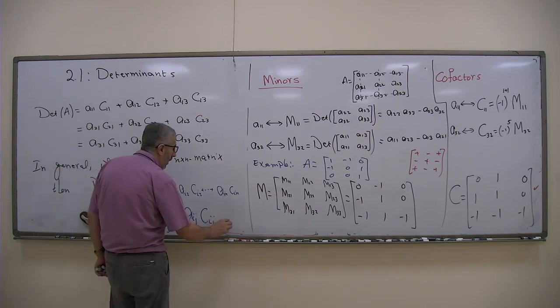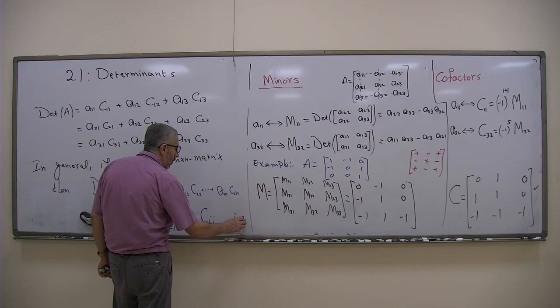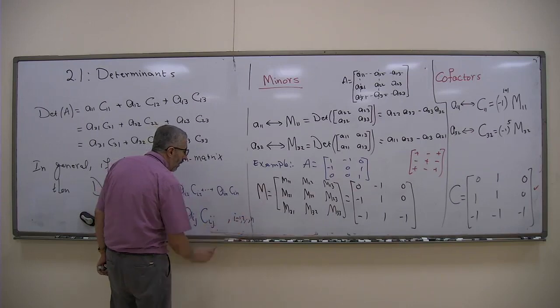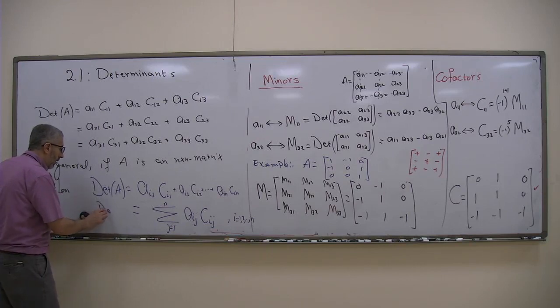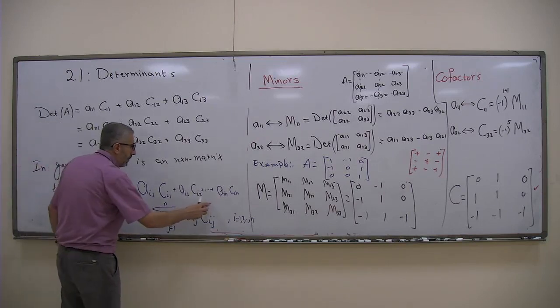And here i can be 1 or 2 or whatever you want up to n. That is the formula that gives us the determinant.